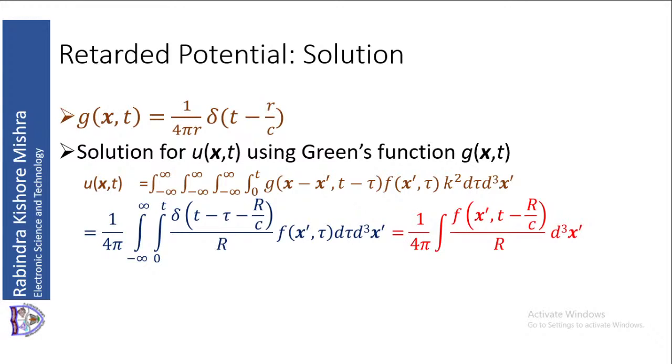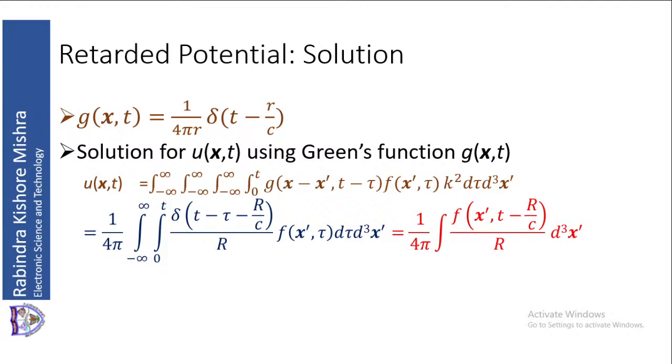The solution to U(x,t) using this Green's function will be of the form: we take the convolution of the Green's function with F(t). So the convolution will be G of x minus x dash, t minus tau, with F on the right hand side.